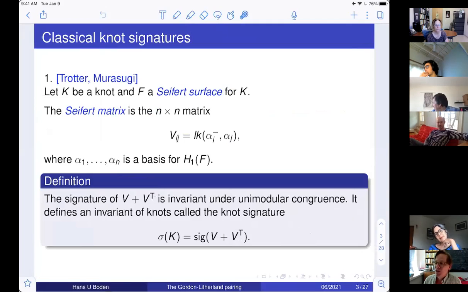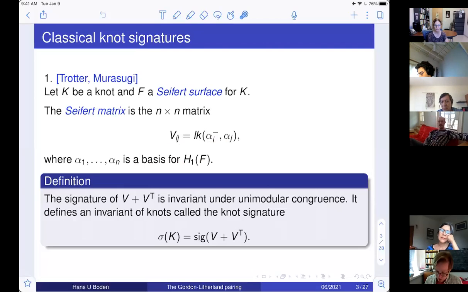All right, so the story is really a story about signatures of knots and we want to do this for knots and links in thickened surfaces. So let me start going way back to the classical definition of signatures, and assume K is a knot with a Seifert surface F. The standard textbook definition for the knot signature is you take a Seifert matrix, so that's just the linking matrix over a basis for the first homology of your surface.